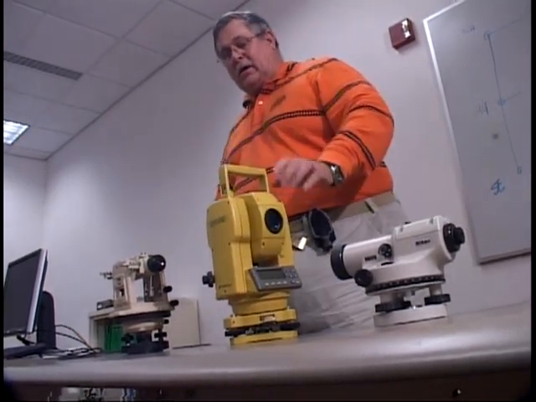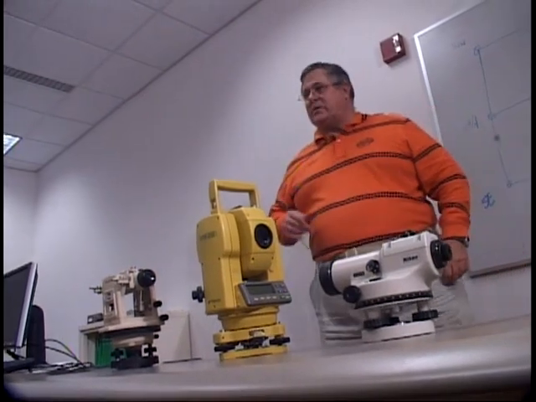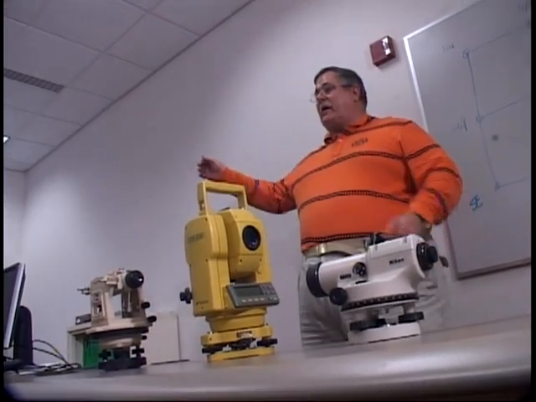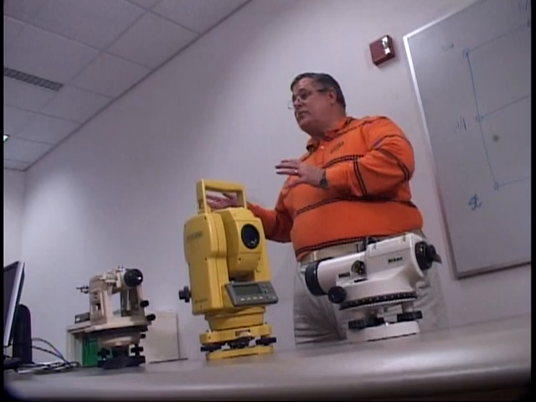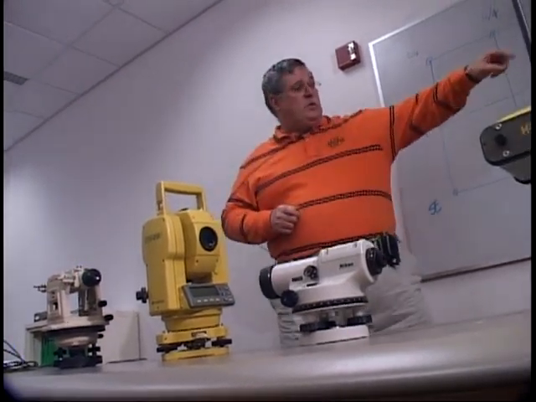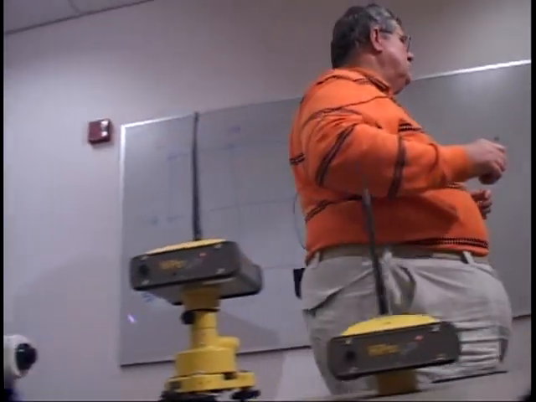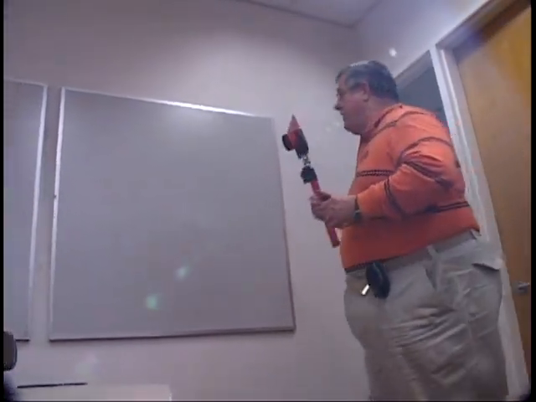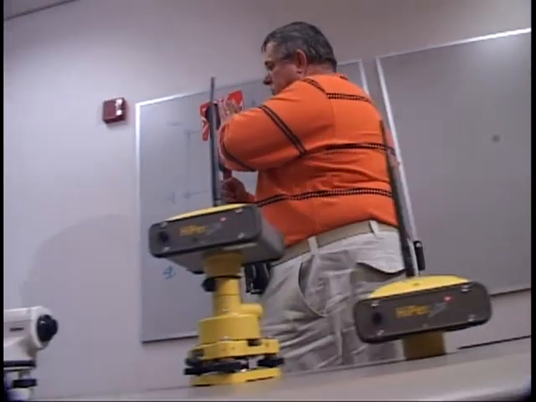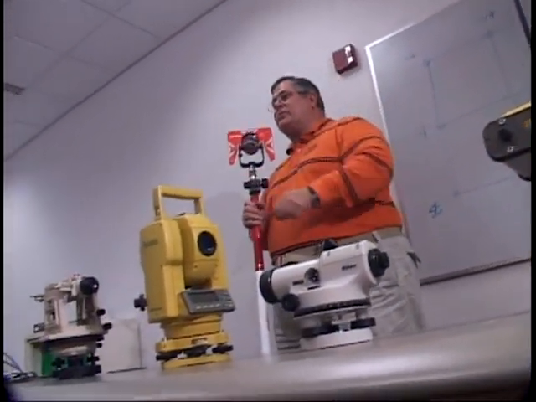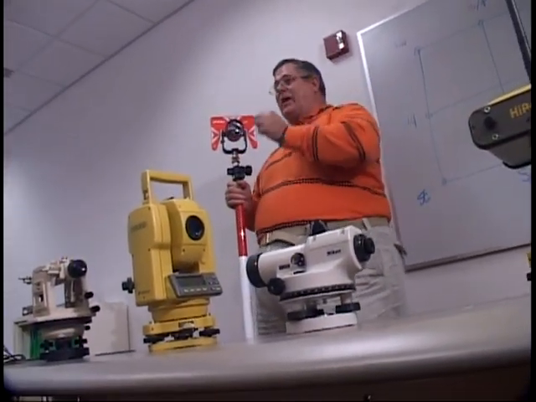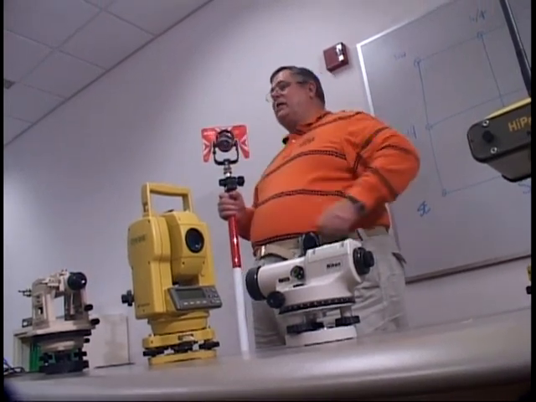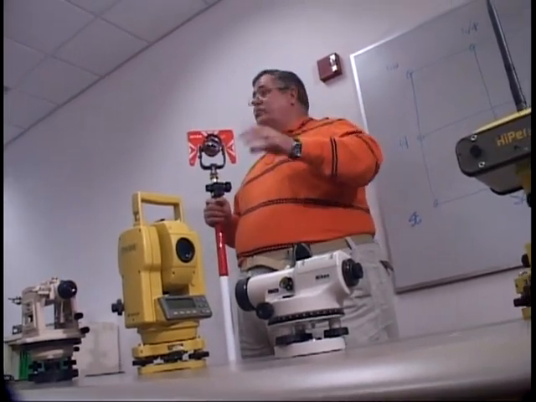Now, also in conjunction with this instrument, instead of having a surveyor out there holding a plumb bob or a range pole and you measure a distance to it, we'll take a range pole, and on the top of this range pole we have a prism. And this instrument fires a laser beam that hits that and bounces back and tells you what the distance is.